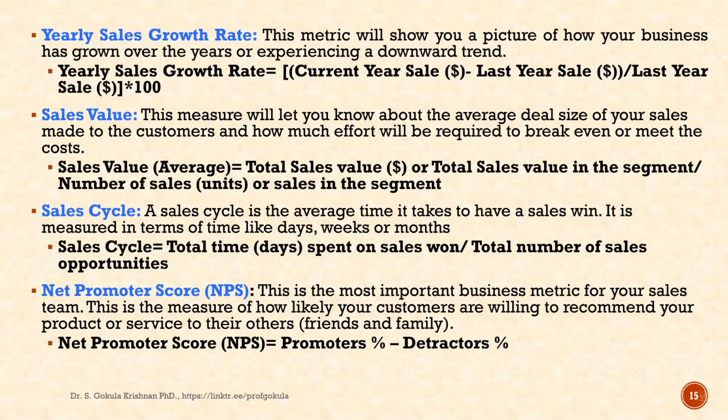Let us say last year I achieved 5 crore in sales, and this year I am at 5.5 crore. Then 5.5 minus 5 divided by 5 means you achieved 10% growth in your sales. So yearly sales growth can be calculated like that.